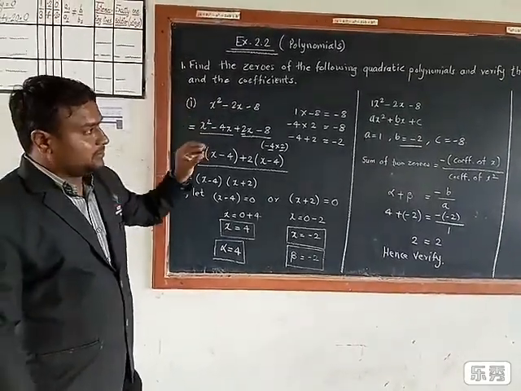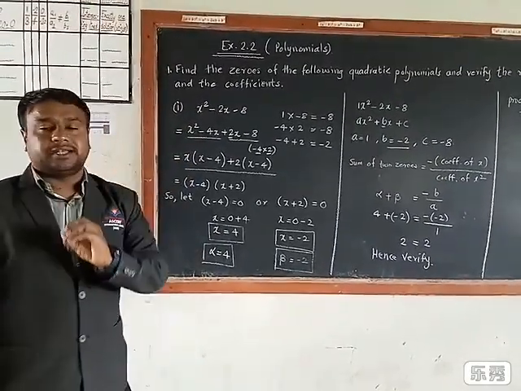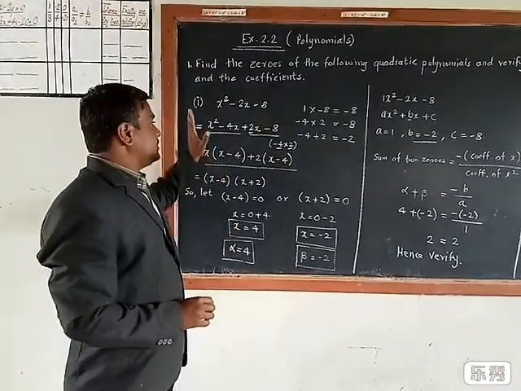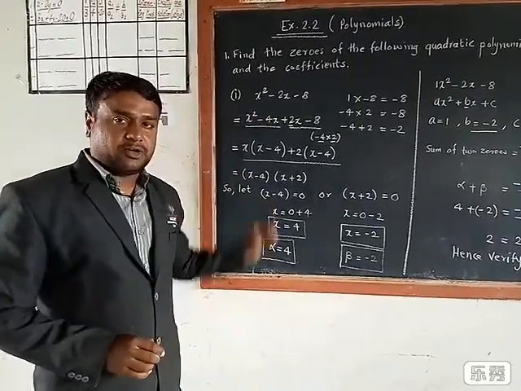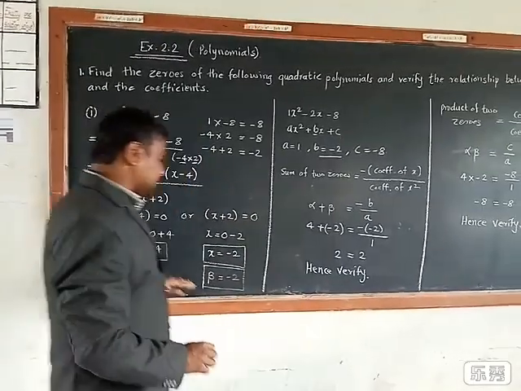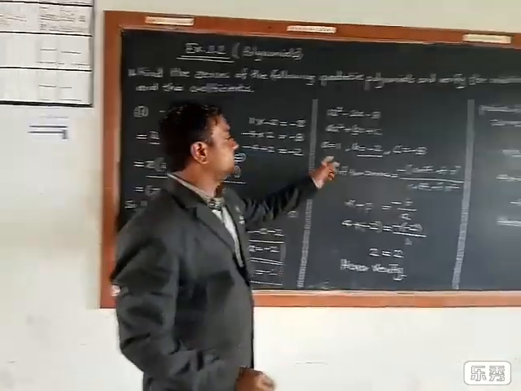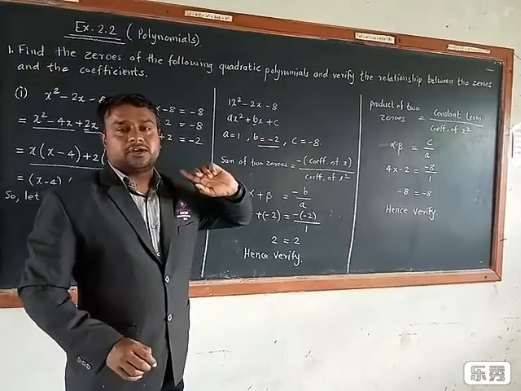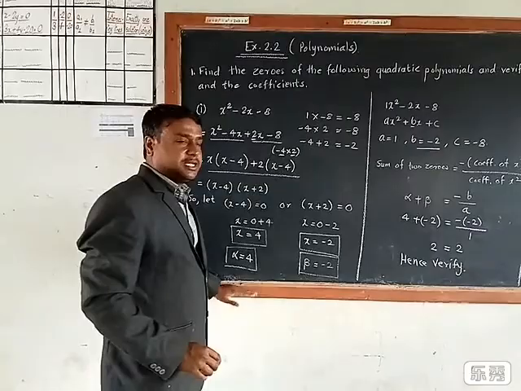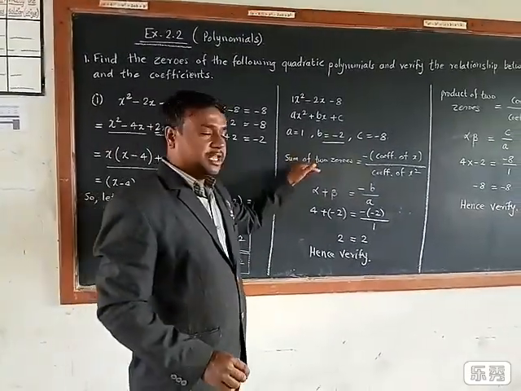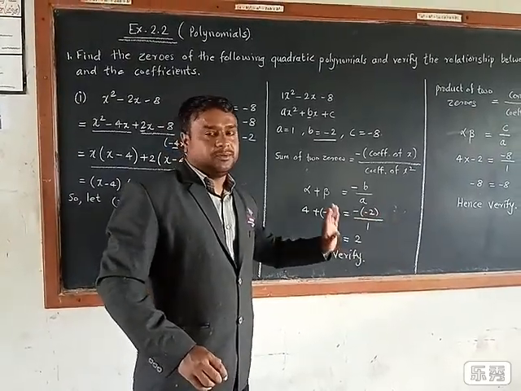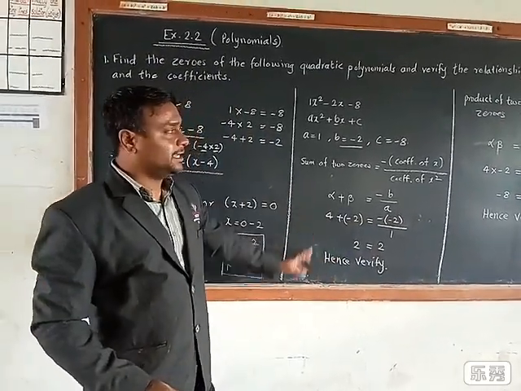We first found the zeros of the given quadratic polynomial, and then we verified the relationship between the zeros and the coefficients of the quadratic polynomial. I hope you understand it.